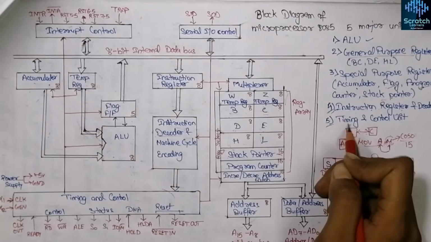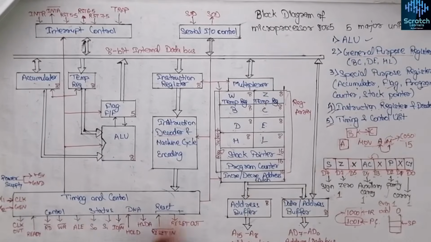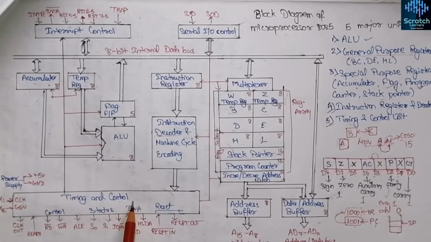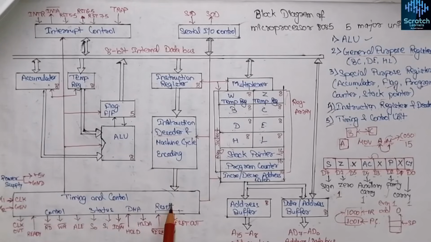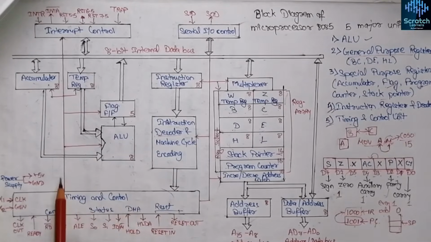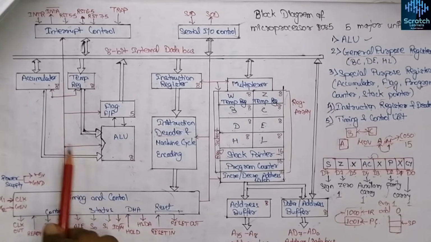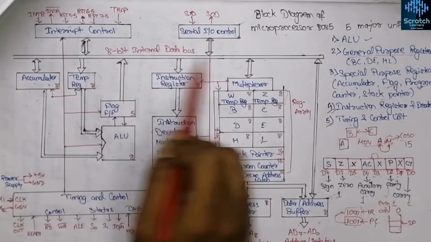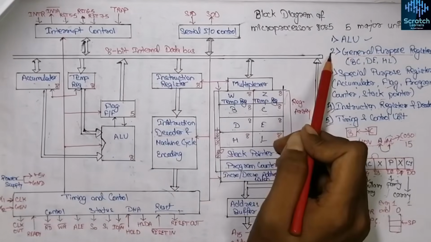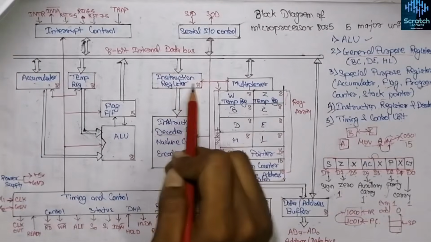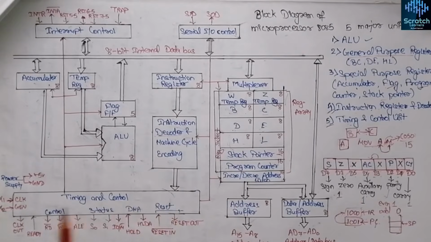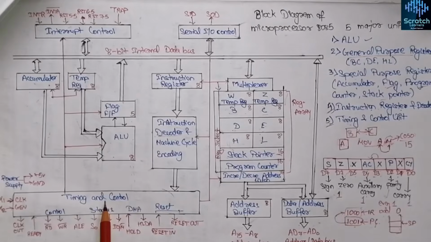The last part is the timing and control unit. This unit gets commands from the instruction decoder and issues signals on the data bus, address bus and the control bus. See here, this is the 8-bit internal data bus. We get the input through the instruction register, it is decoded, and then passed to the timing and control unit.